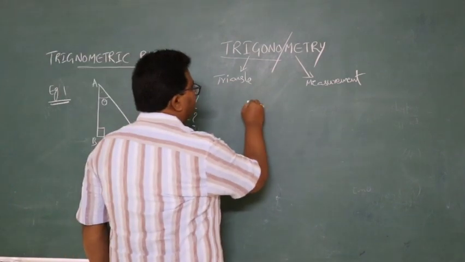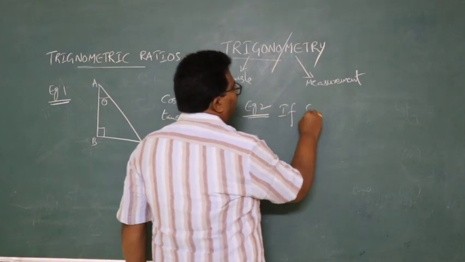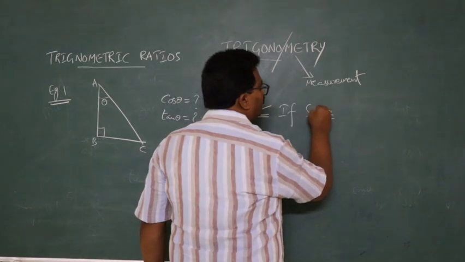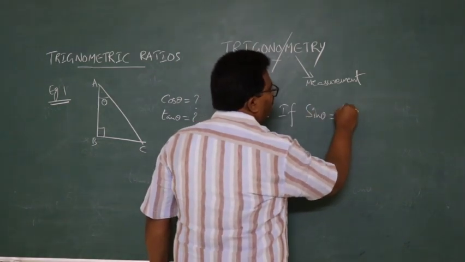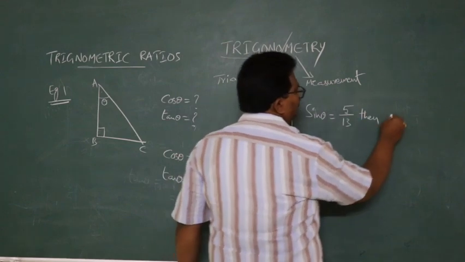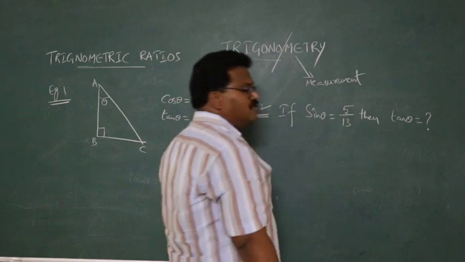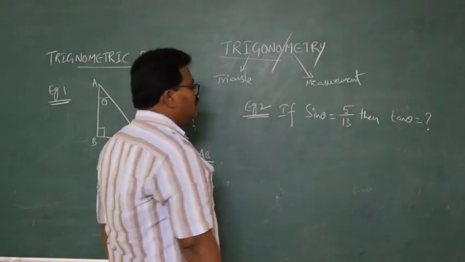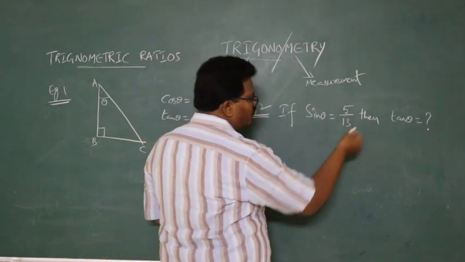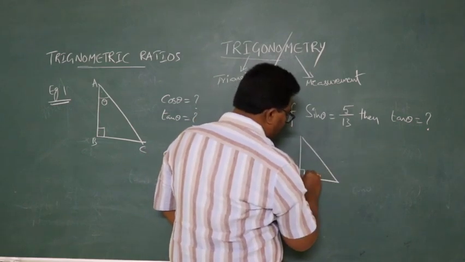Next, example 2. If sin theta is equal to 5 by 13, then what is tan theta? How to find it? We have to draw the right angle triangle.